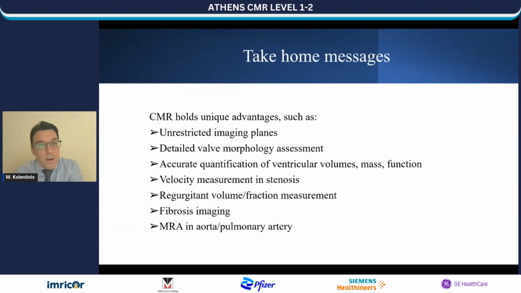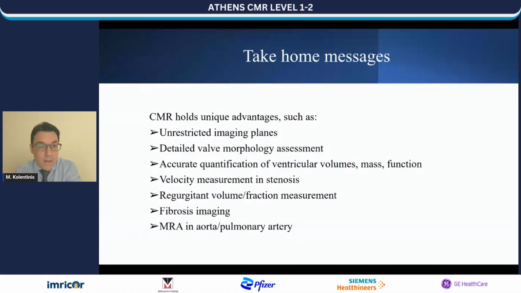So these are a few take-home messages. I think that CMR holds unique advantages. The most important is unrestricted imaging planes. We can really show detailed valve morphology and assess that. Although especially for the mitral valve and for small lesions, it's really challenging. We can accurately quantify ventricular volumes, mass, and function.